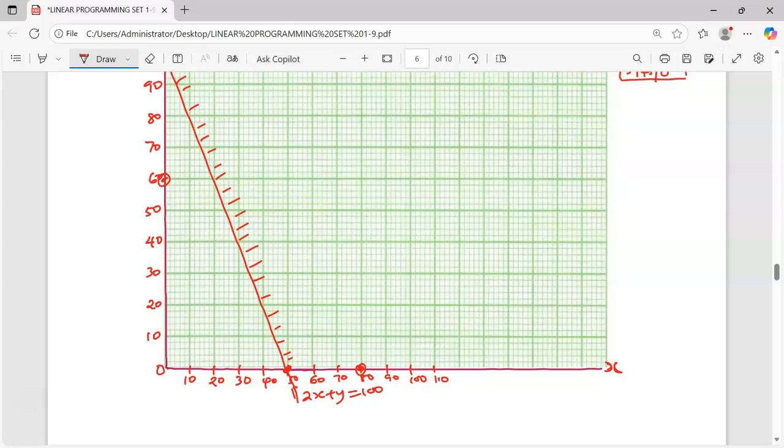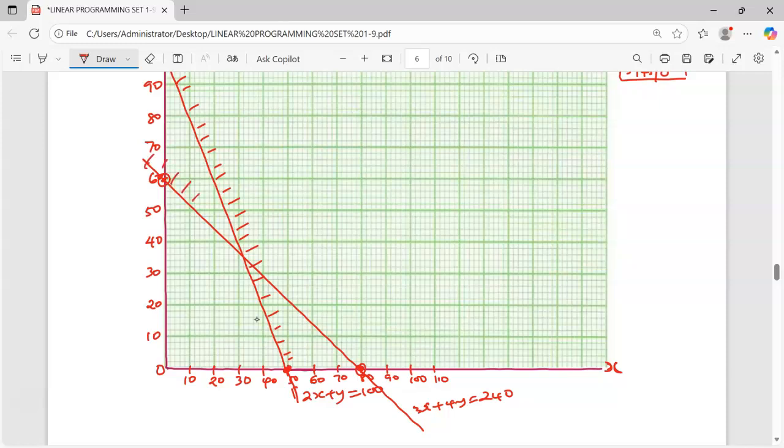Once we have done that, again we go and draw the line straight away from 60 to 80. Again we come and label this as 3x plus 4y is equal to 240.